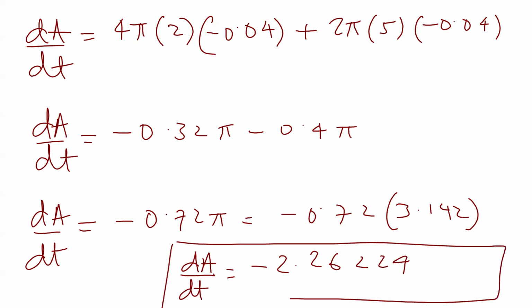Now here we can place the units because we know the units for time as well as radius. So it is centimeter square per second. Centimeter square, why square? Because it's area. You can round it up to 2 decimal digits, that's not a problem. But then it was getting terminated at 26224, so I kept this entire number.